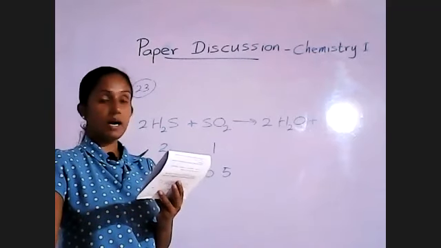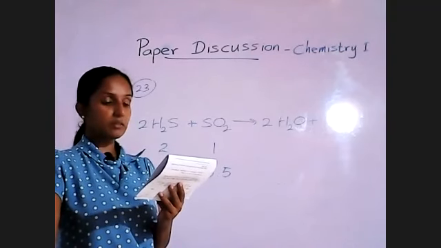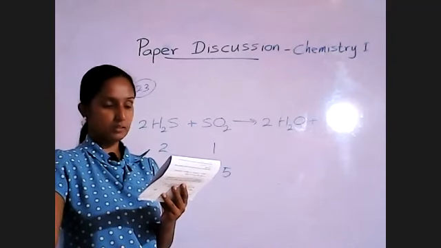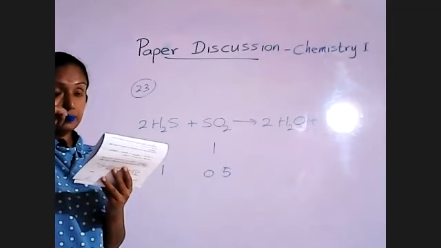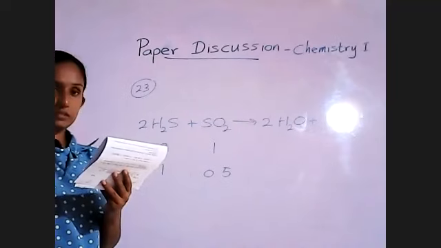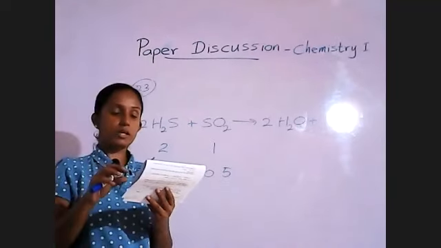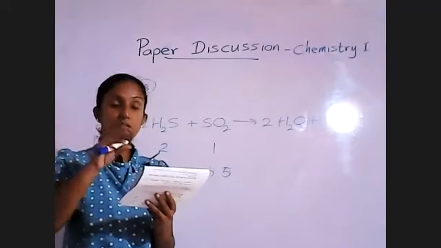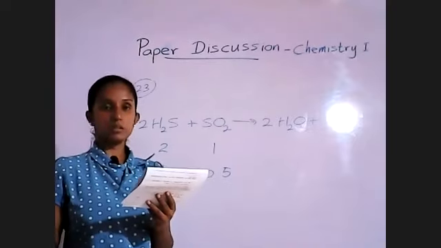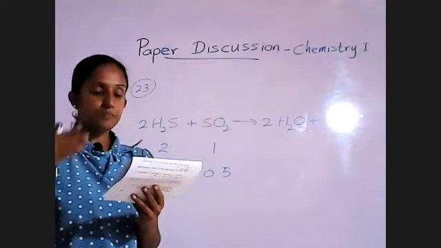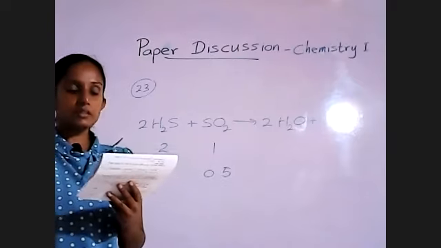All these three are hydrides. We have to select what is X, what is Y, and what is Z. If we are very thorough about the Lewis structures, which are normally given as in the textbook, very easily you can find the answers.